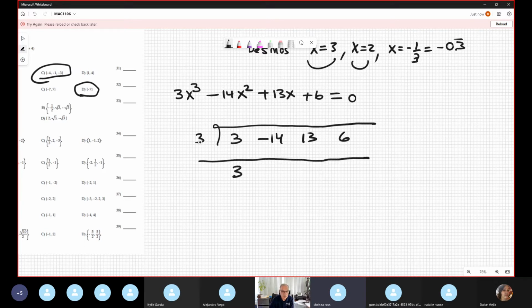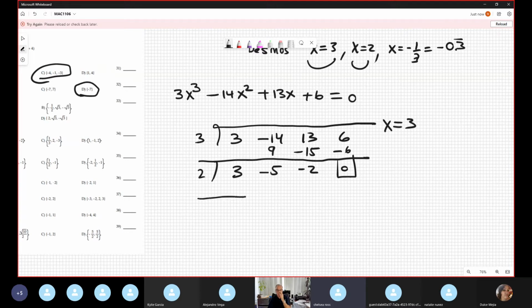Bring down 3, 3 times 3 is 9. And negative 5. Negative 5 times 3 is negative 15. And it's a negative 2. And negative 2 times 3 is negative 6. 0 remainder, therefore x equals 3. I prove it algebraically.